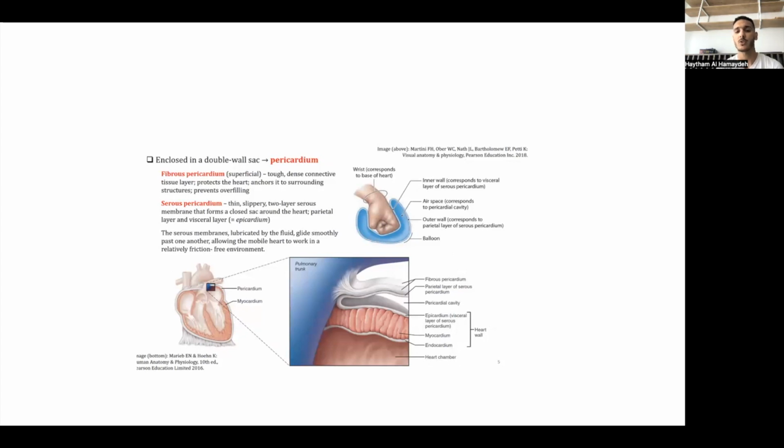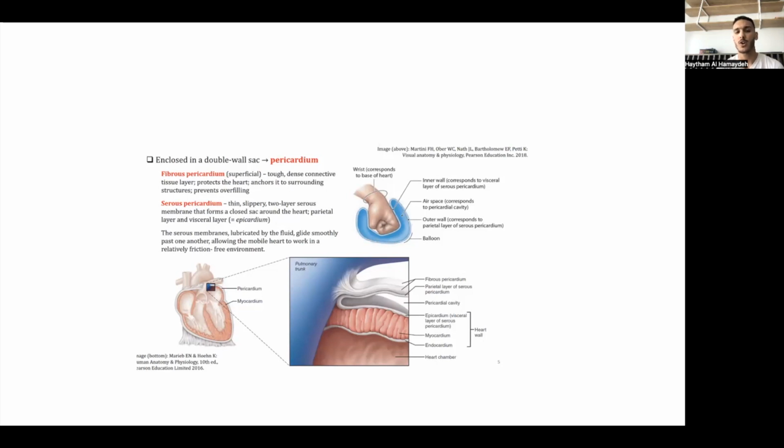Between the parietal and the visceral, there is the pericardial cavity that is filled with pericardial fluid that gives the heart the space to move a little. And this fibrous pericardium prevents the heart from overfilling, so it keeps a steady volume of the heart.